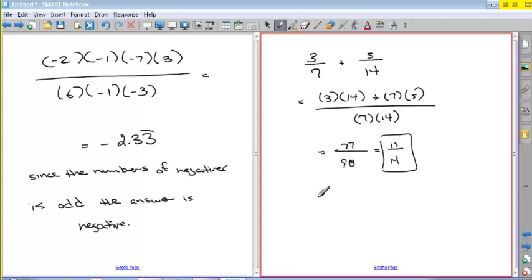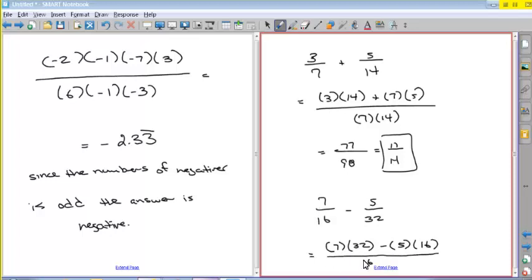Now if you have a negative, if you had 7/16 minus 5/32, you take the positive numerator multiplied by the denominator of the negative part. And then you subtract the negative numerator times the other one.